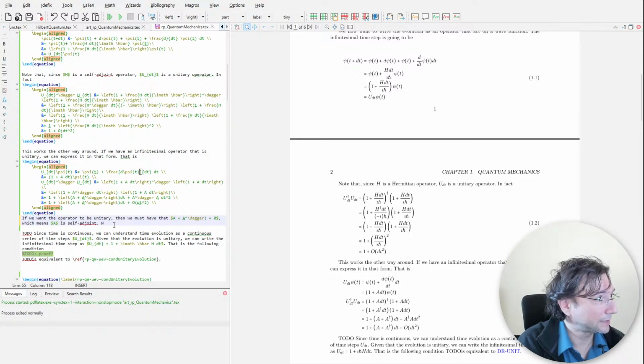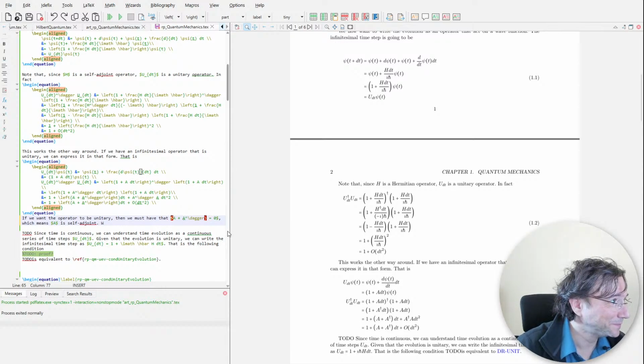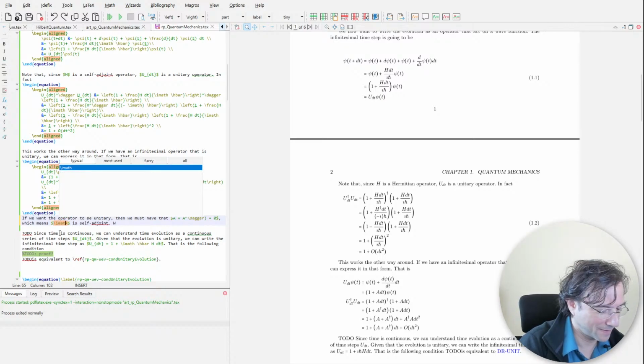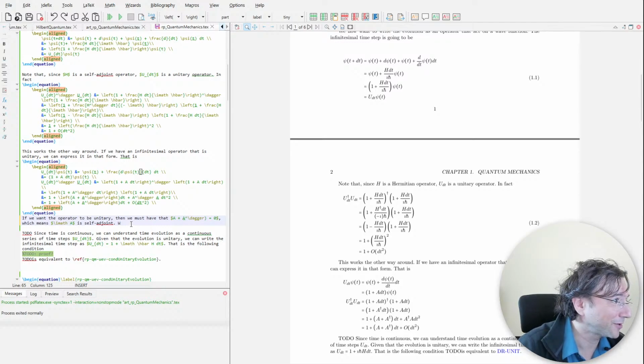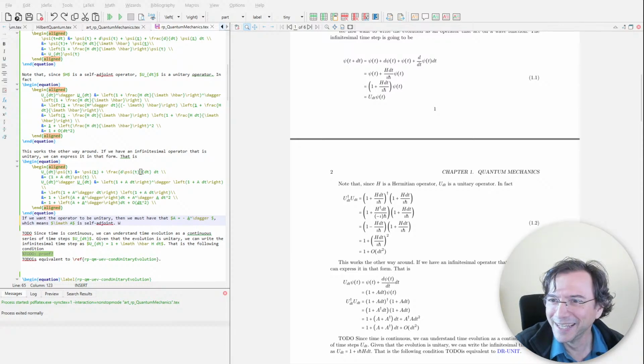No, it's the opposite. It gets a minus sign. So A is not self-adjoint. What's the name of the one that gets a minus sign? Anti-self-adjoint? What's the name?